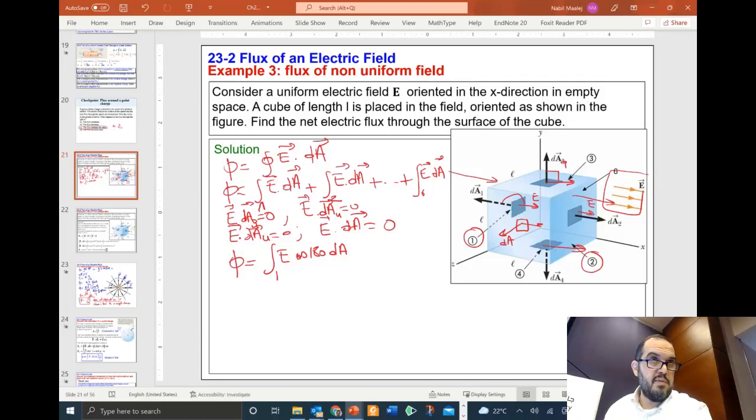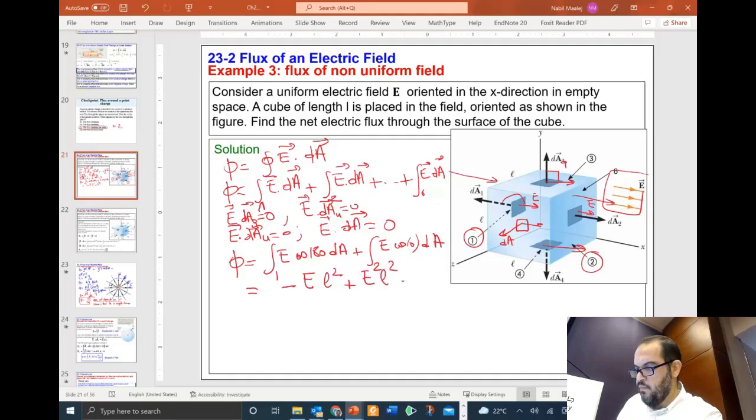The angle between them is 0. So plus the integral for 2 is E cosine 0, which is 1, times dA. So this is actually minus E times the area of the surface, which is L squared. The front area is also L squared, plus EL squared. So it's equal to 0.